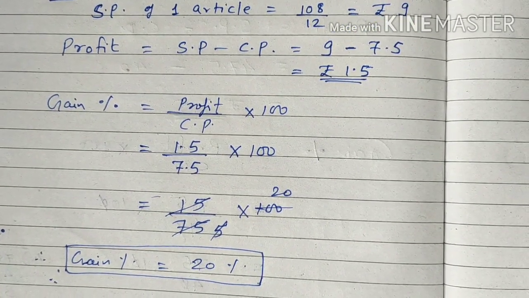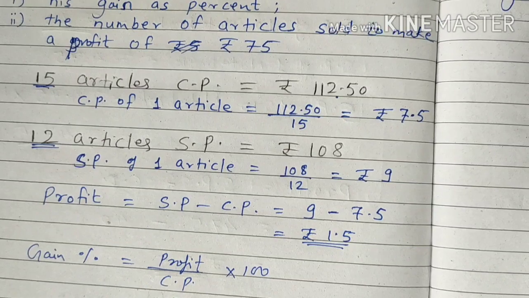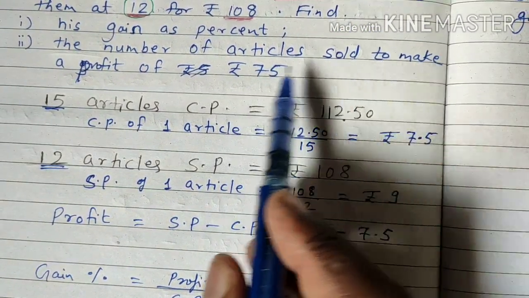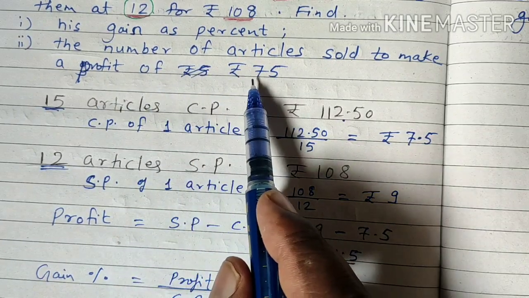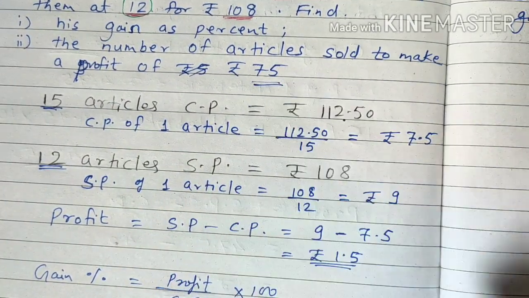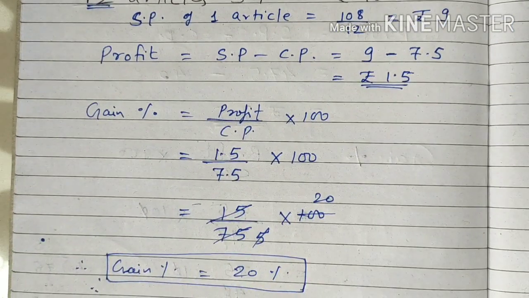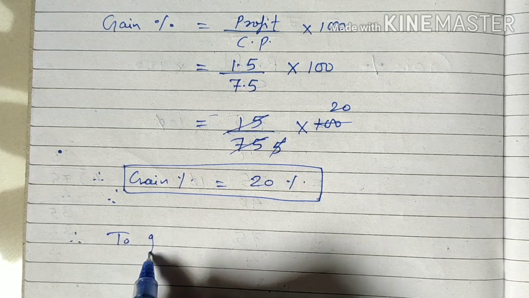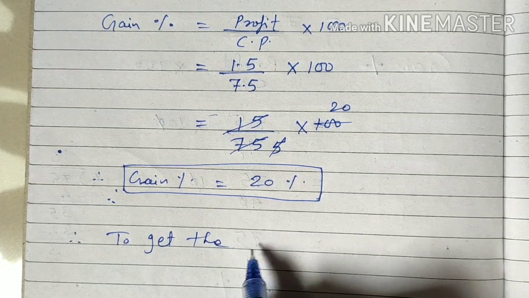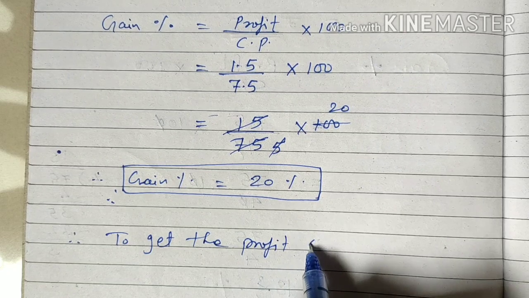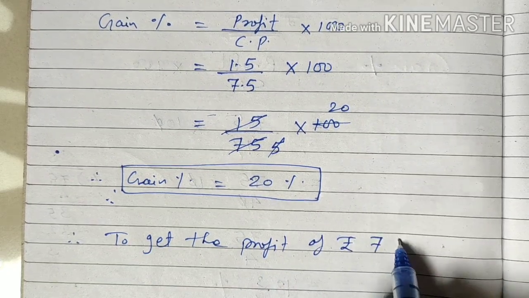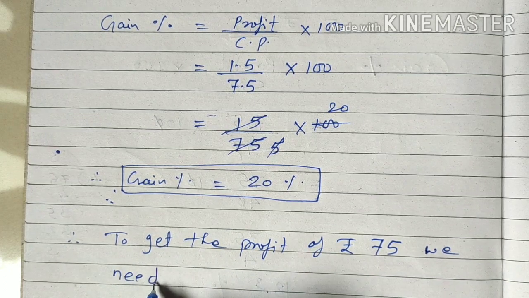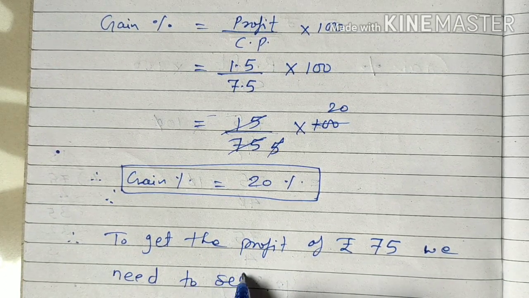Now the next part of the question. What is the next part of our question? The number of articles sold to find a profit of rupees 75. We want a profit of rupees 75. So therefore, to get the profit of rupees 75, we need to sell how much?